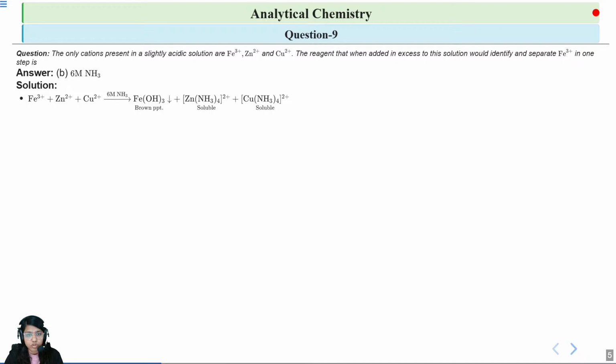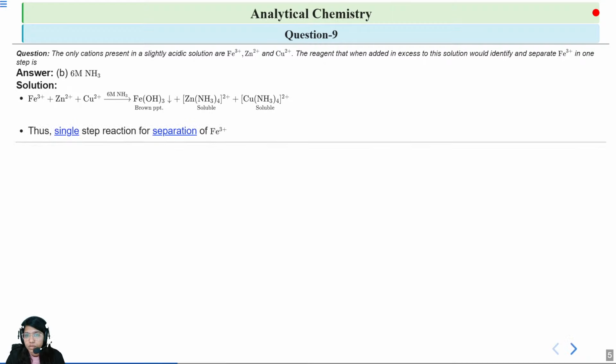This allows for the separation of Fe3+ ion in a single step. Therefore, the reagent 6 molar NH3 is able to identify and separate Fe3+ from Zn2+ and Cu2+ in a slightly acidic solution due to its ability to form a distinct complex or precipitate with Fe3+, while the other ions remain in solution. Therefore, the correct answer is 6 molar NH3.